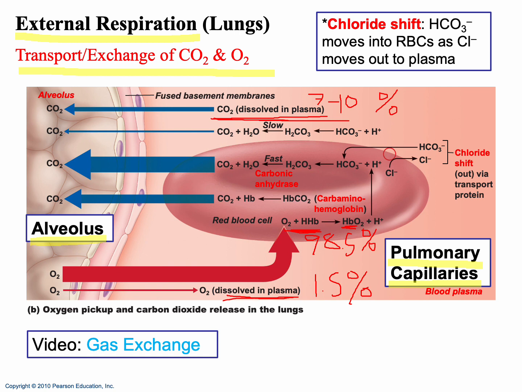Number 2, roughly 20% of CO2 is on the red blood cell, combined with hemoglobin. Again, that's known as carbaminohemoglobin. And eventually it becomes disconnected from hemoglobin right on the red blood cell. So that method is roughly 20%.